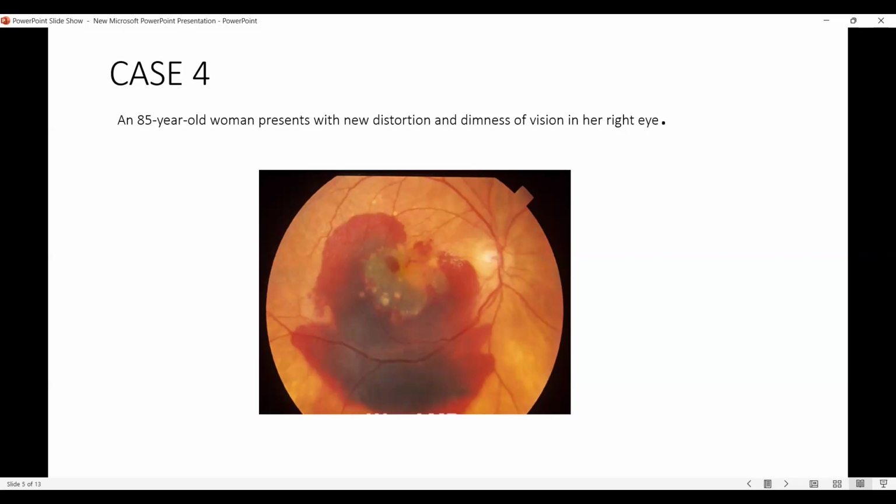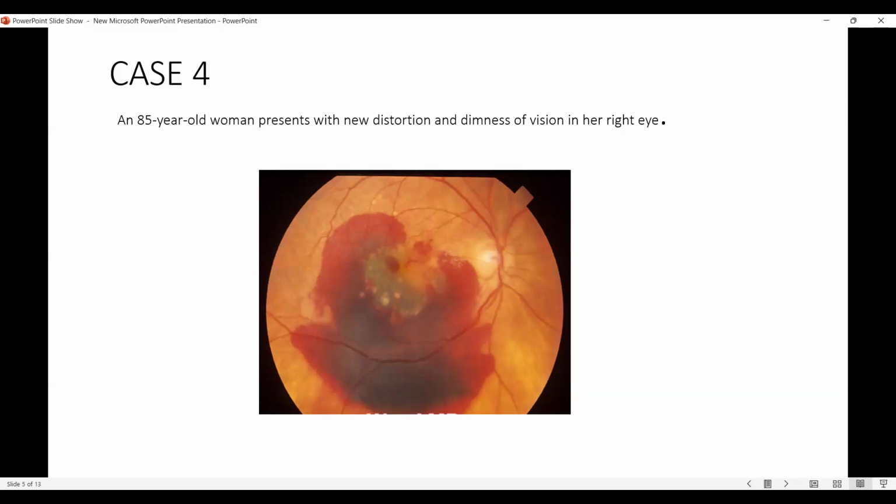There is subretinal hemorrhage surrounding a round area which looks like a CNV membrane. So all of these point towards a choroidal neovascular membrane only. If there was melanoma, it would be an elevated mass-like lesion. Though there can be subretinal hemorrhage, this kind of large subretinal hemorrhage is not seen.